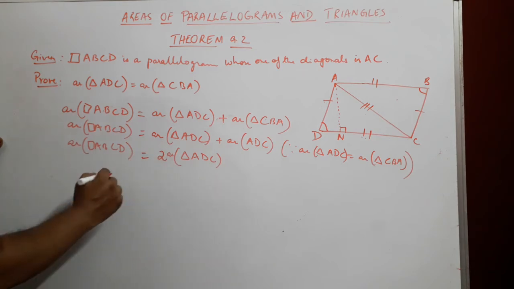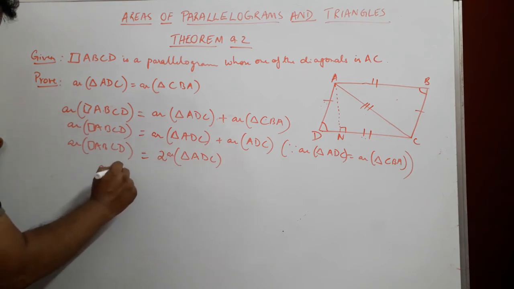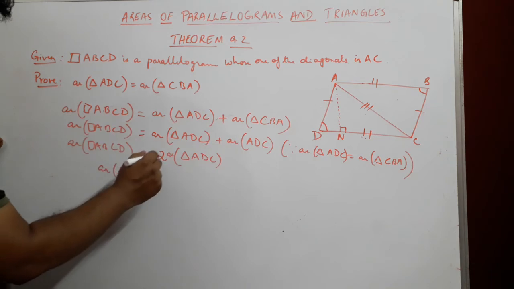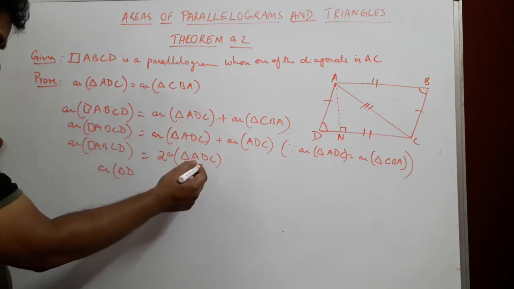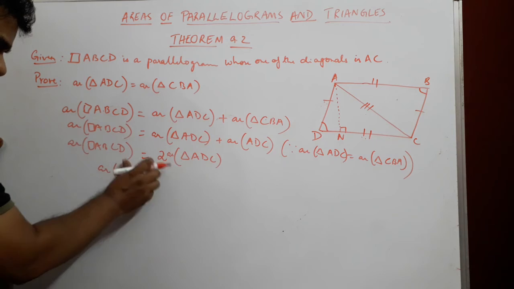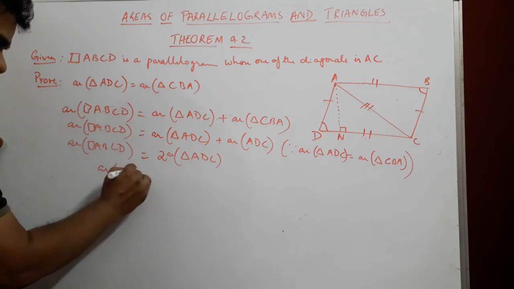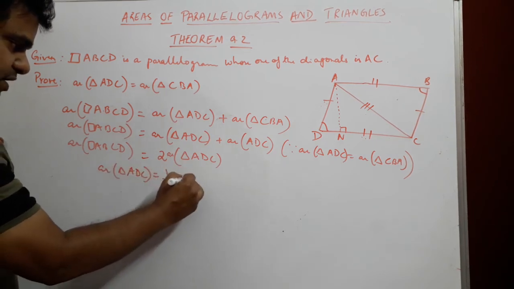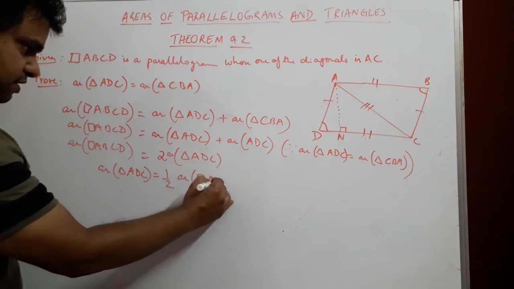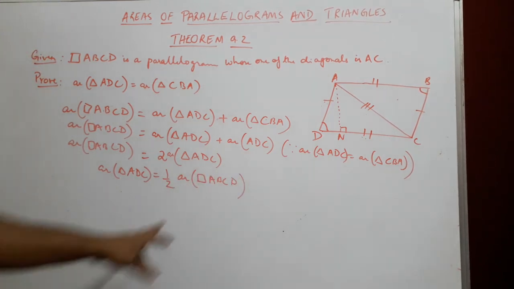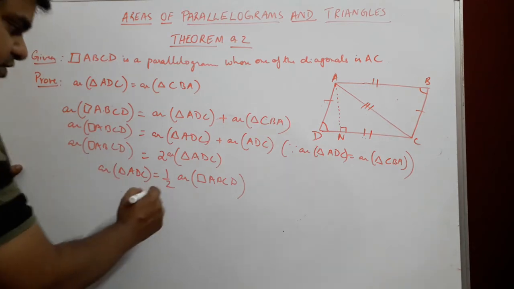Area of quadrilateral ABCD is equal to twice the area of triangle ADC. We can write the reverse, that area of triangle ADC is half of area of quadrilateral ABCD.